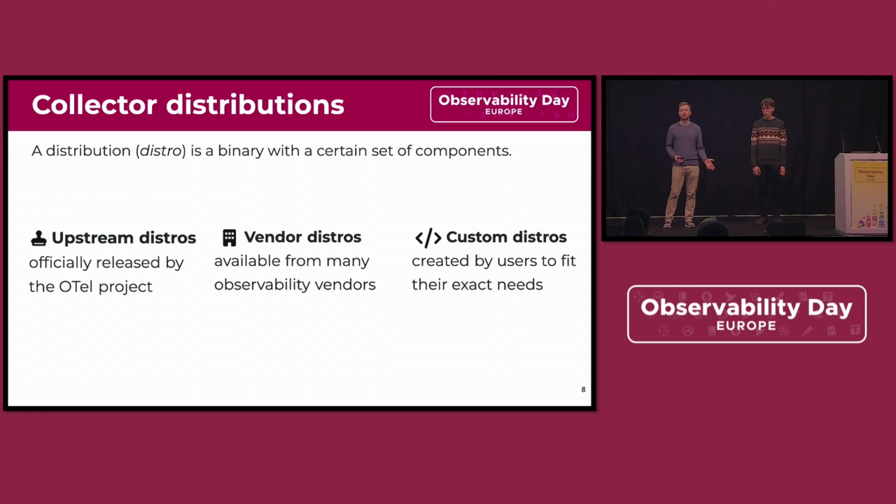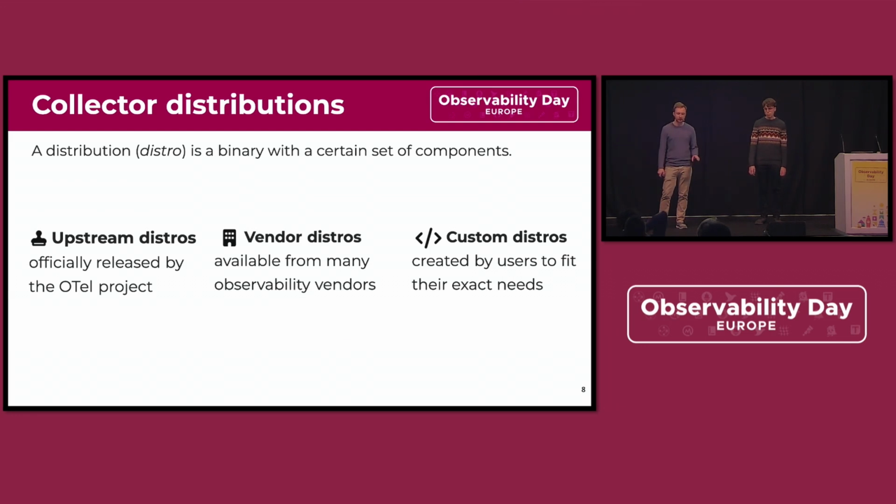The contrib distribution, which I'm sure a handful of you are familiar with in here, that supports just about everything that's upstream. And a handful of other ones for more specialized use cases like Kubernetes. There's also vendor distributions. A lot of observability vendors will offer their own distribution that is guaranteed to work with that vendor and will offer maybe some extra support since they have verified the components that go into it.